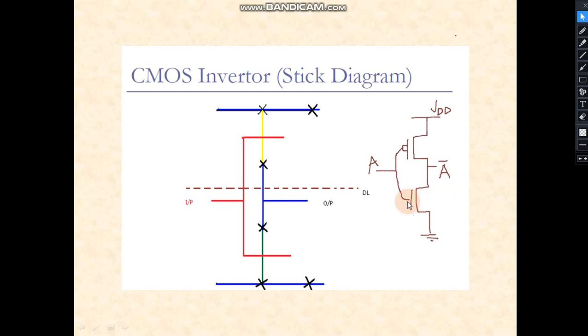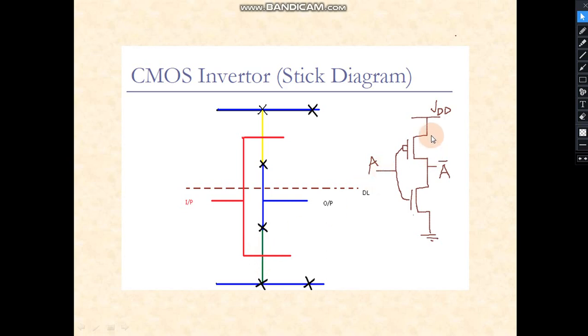For this, when polysilicon intersects a diffusion, a green line or a yellow line, then one transistor will be formed. So one transistor will be formed when a polysilicon line crosses a diffusion line. So one transistor, that is NMOS.